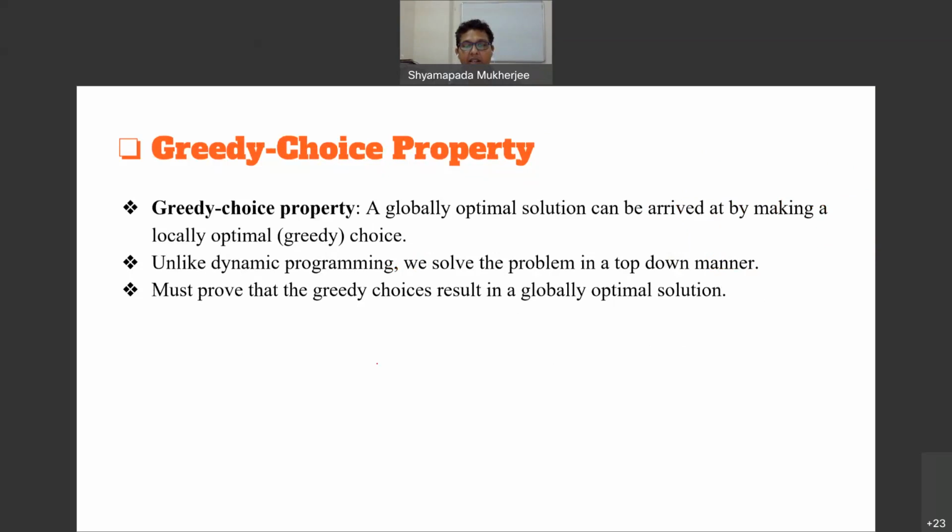So greedy choice property is that an optimal solution can be obtained by taking a sequence of locally optimal choices. Okay, that means at each moment or each stage, we will take the best out of all the options.